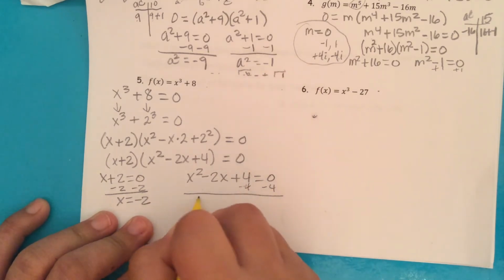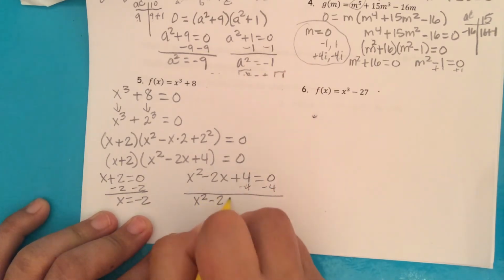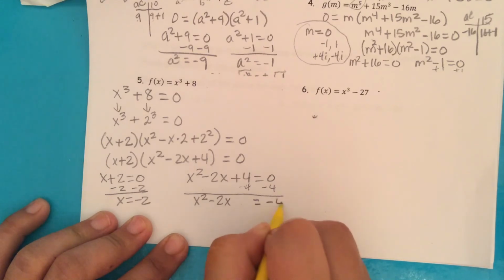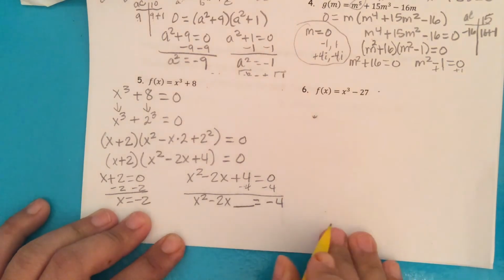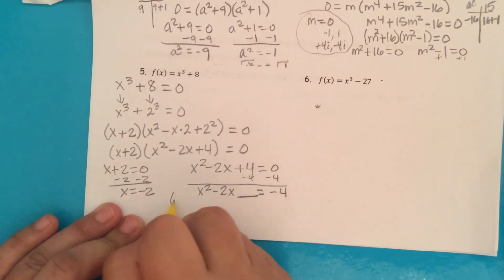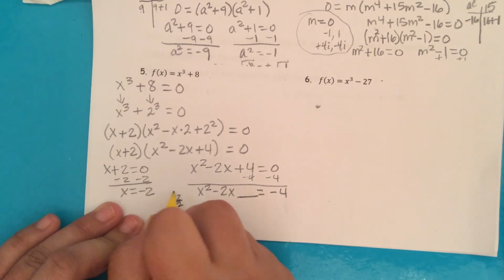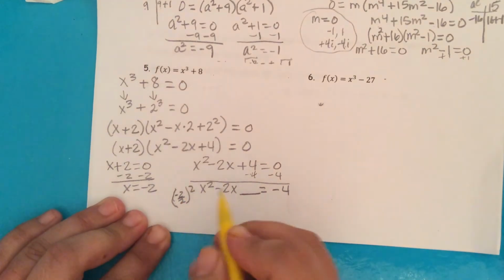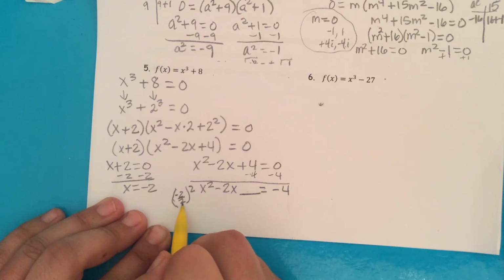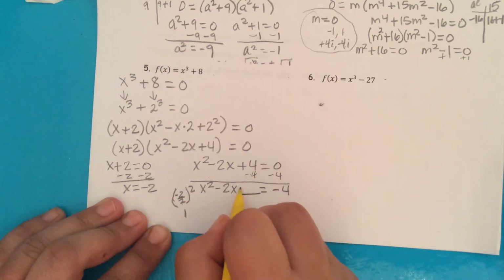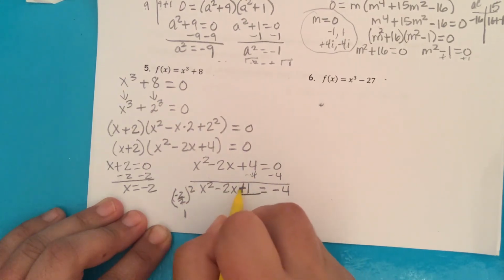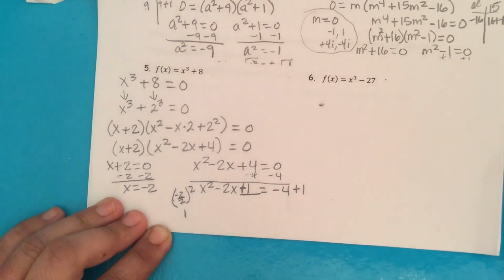So I'm going to have x squared minus 2x equals negative 4. We always leave some room right here. So we're going to take the middle term, negative 2 divided by 2, and square it. Negative 2 divided by 2 is negative 1, squared is just 1. So we're adding a 1 here, and we're adding a 1 here.